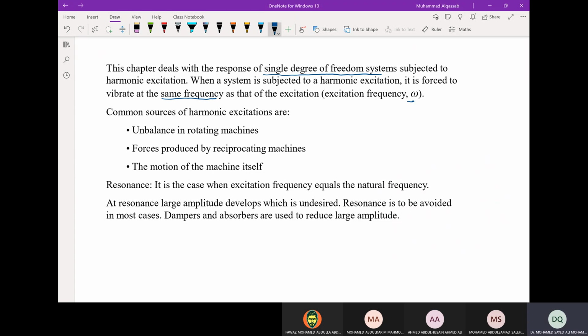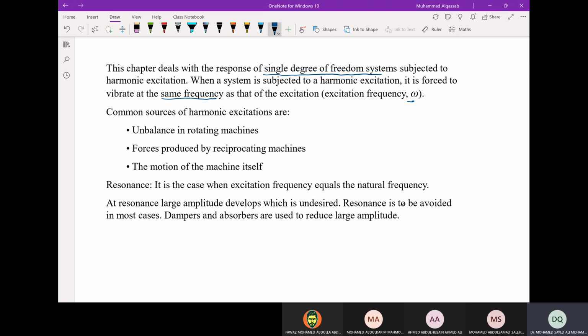The system has an internal frequency, which we call omega n. That is a characteristic of the system, a function of K and M, or a function of L and J for rotational or torsional vibration.